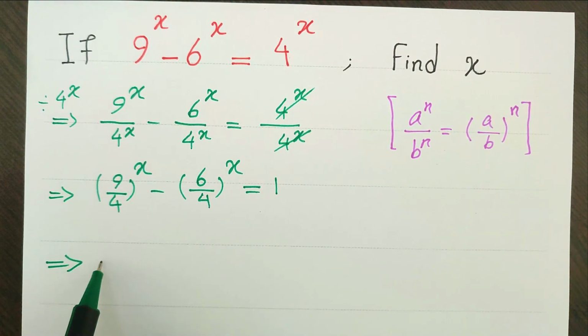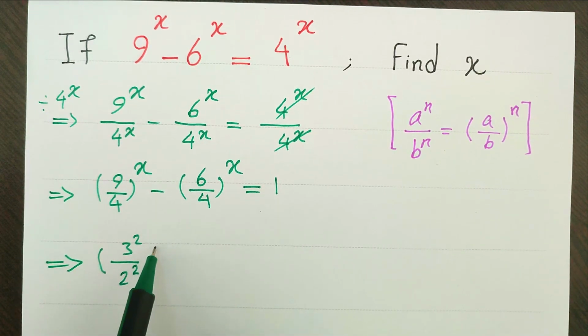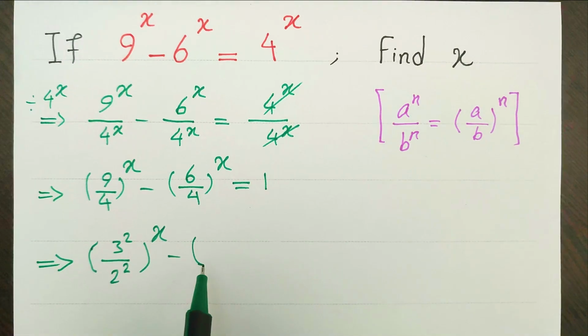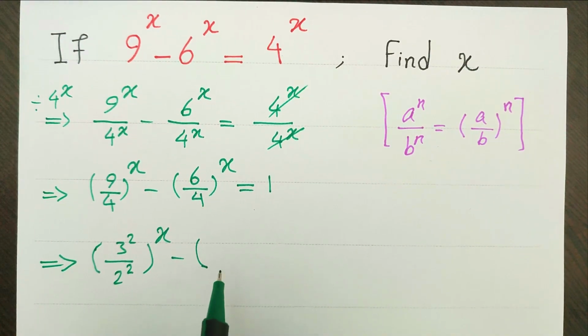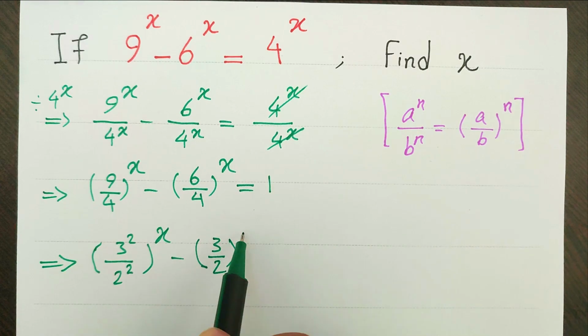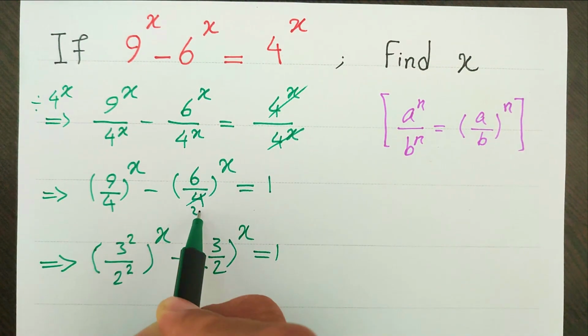And for further simplifying, we can write 3 to the power of 2 over 2 to the power of 2 whole to the power of x minus 6 over 4 equals 3 over 2 whole to the power of x equals 1.